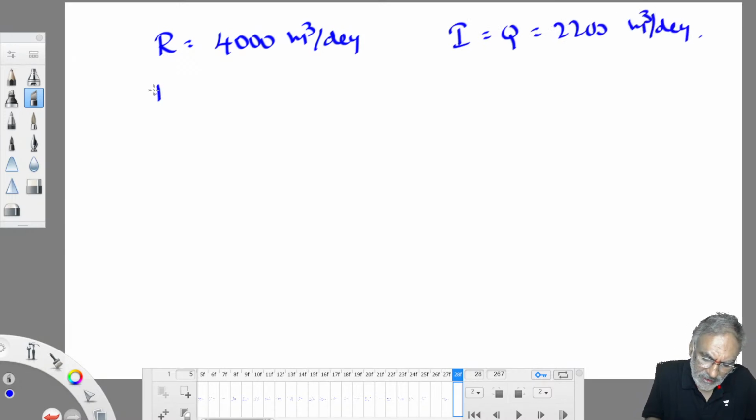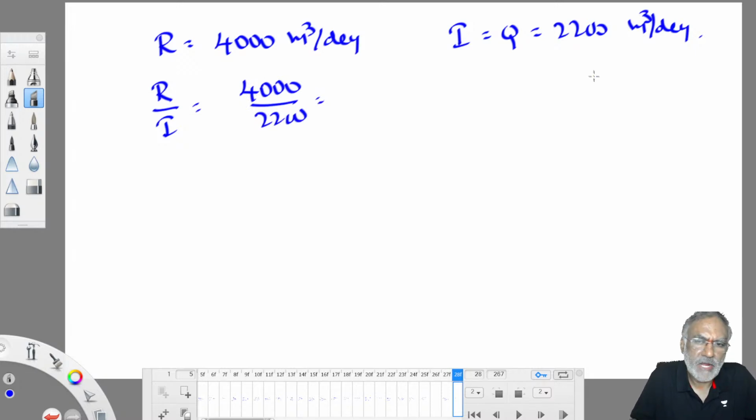So first what you need to work out? R by I ratio. Now work out 4000 by 2200, which is 1.818.